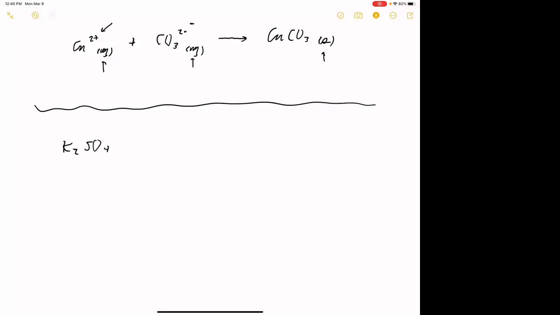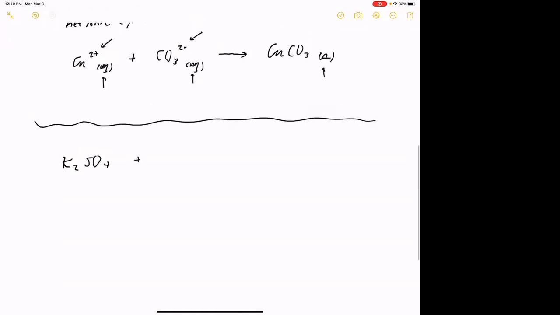What was the other one? K2SO4 and FeCl3, was that it? I think those were the two. Am I right about that for number 6? Yes. Okay, thanks.